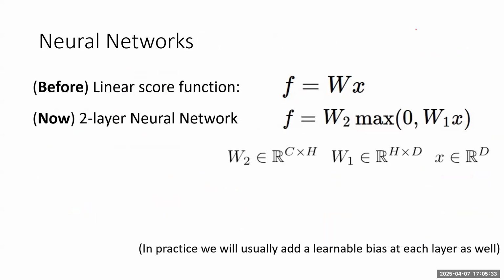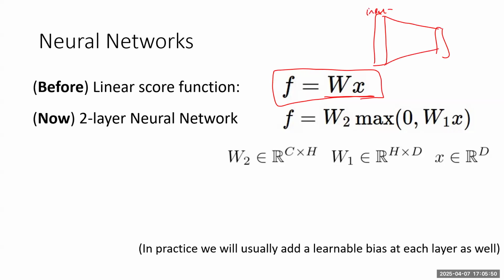What does this mean? If I have a model like this, I have a very simple one layer: input, output, W. Instead of having the input directly multiplied times W to produce the output, I will add an extra layer.